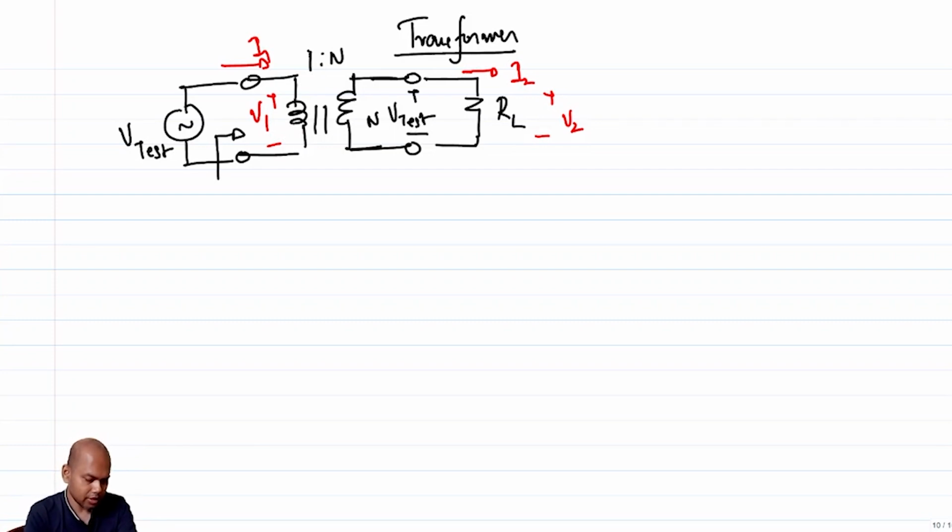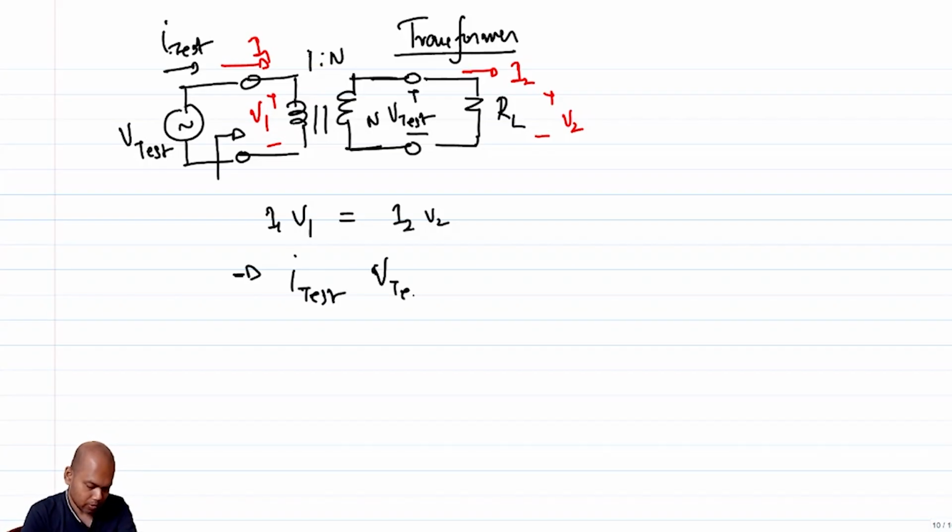So I know that if it's an ideal transformer, fully passive, no loss, then the power going in should be the power going out. So I know that I1 V1 should be equal to I2 V2, correct? So what is I1? I1 is essentially I test. What is V1? V1 is V test. What is I2?